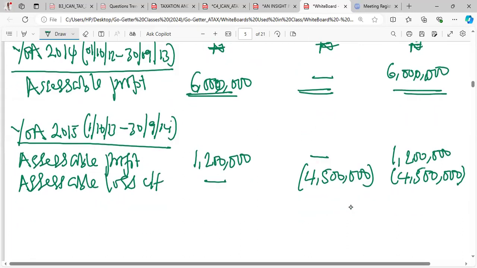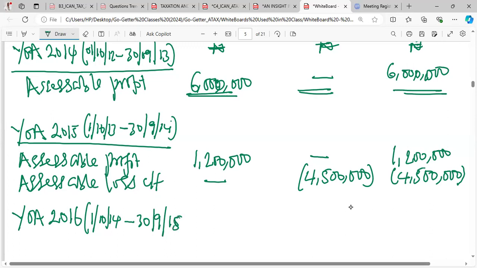You go to the next year, year of assessment 2016. That will be from October 1, 2014 to 30th September 2015.